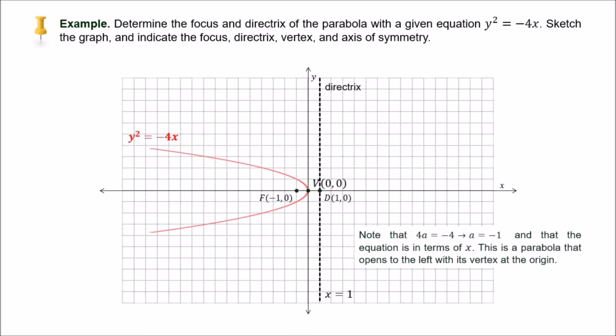As with previous examples, we take note that the term 4a in the given equation is equal to, this time, negative 4, which implies that a equals negative 1, and that the equation is y in terms of x, which means that this is a parabola that opens to the left with its vertex at the origin. Therefore, the focus of this parabola would be at the point (-1, 0), the vertex at the origin, and the directrix would have the equation x equals 1.